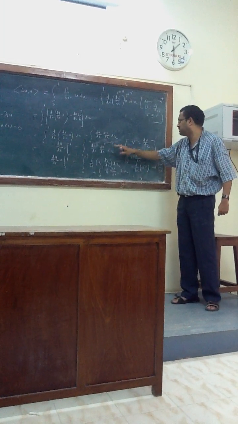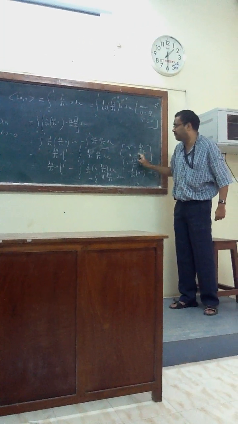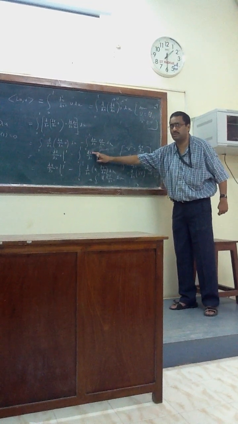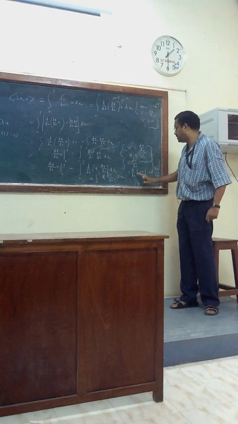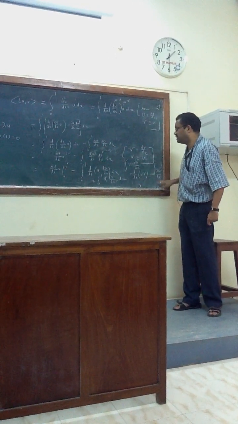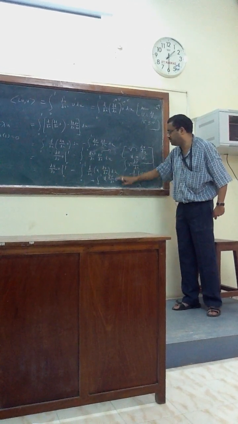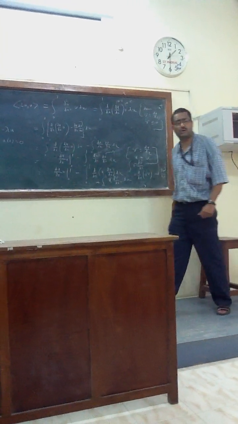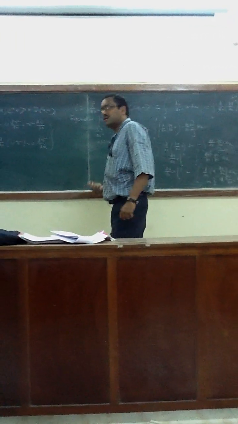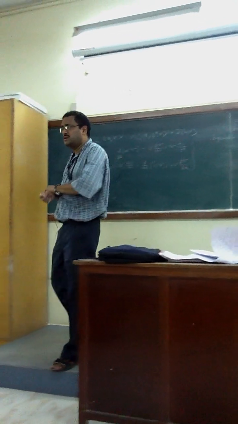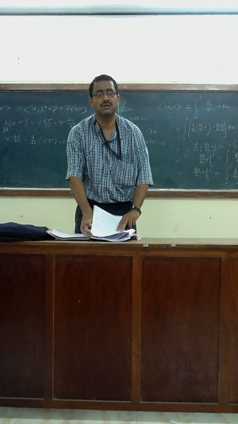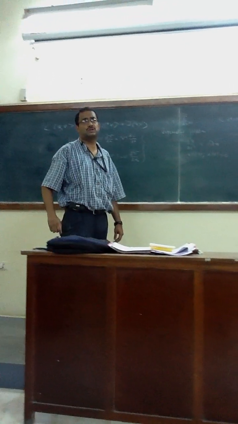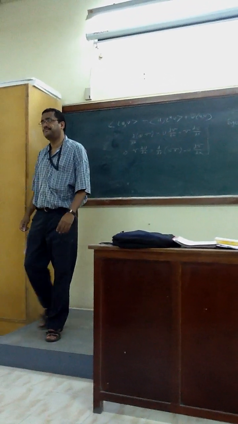In that case, capital B du/dx is nothing but d/dx of (ub) minus u dv/dx, and you have d/dx of u dv/dx minus u d2v/dx square. Concept is clear? Any doubt from anybody, I can address once again.